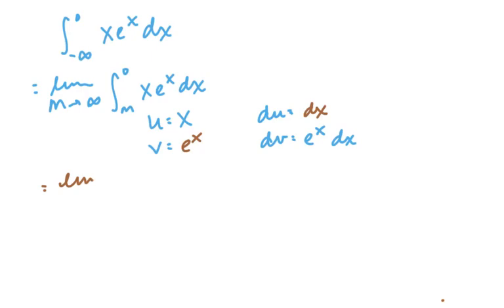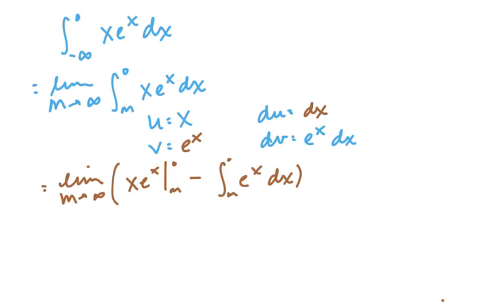So now you got to carry your limit until you perform the limit. So bring it along. And we're going to say x e to the x from m to 0 minus the integration. So it's uv minus the integration of v, which is e to the x, du, which is dx, from m to 0.